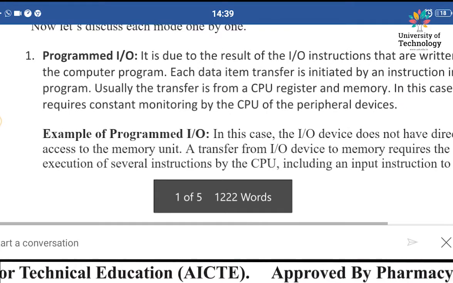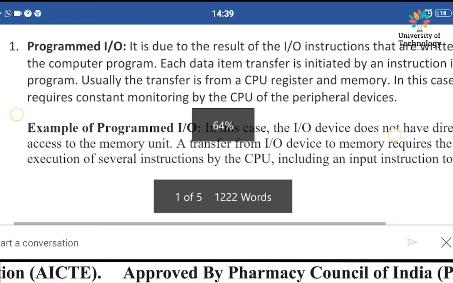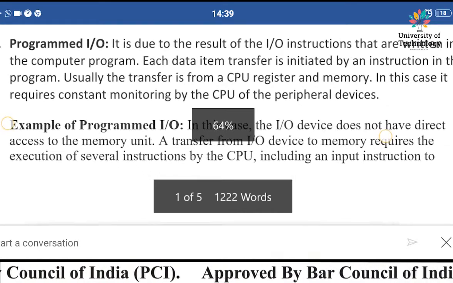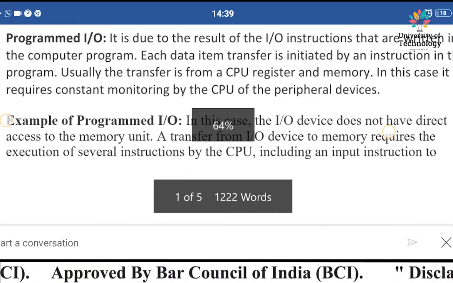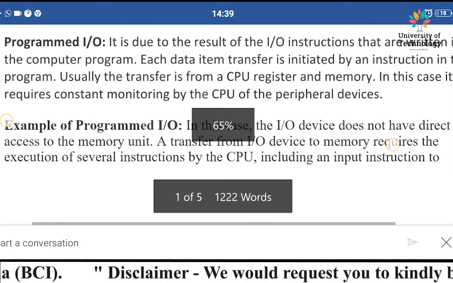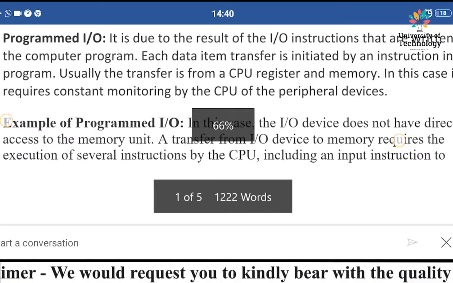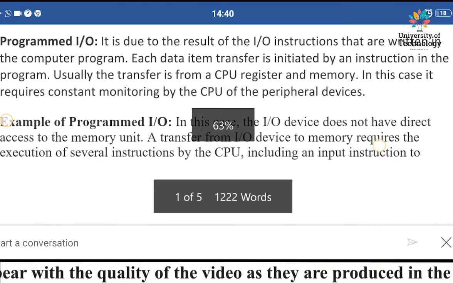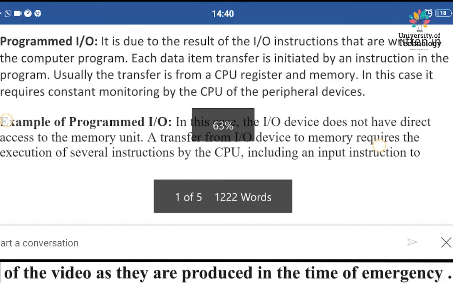So first let's take program input output. Now we are going to understand what exactly program input output is. It is due to the result of an input output instruction that is written in the computer program. So whatever result comes out is the outcome of the instruction that has been fetched by the computer, or else you can say the computer program.